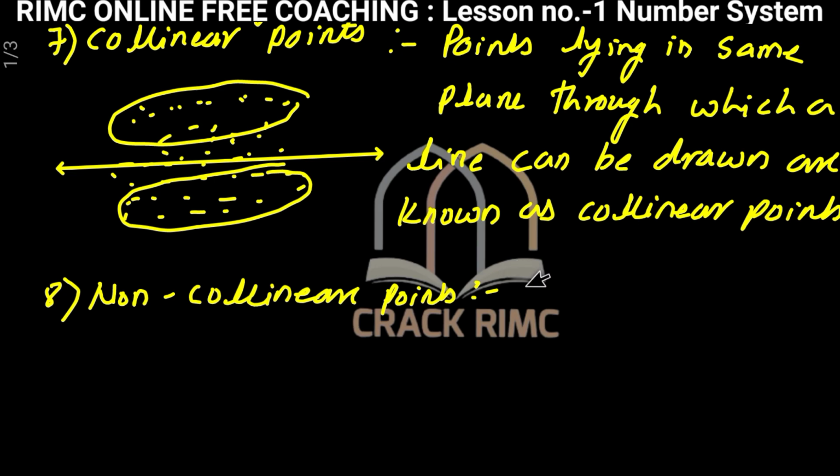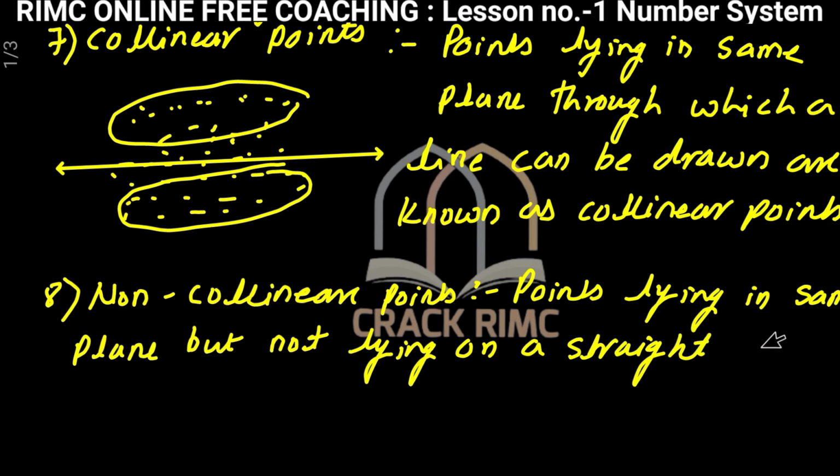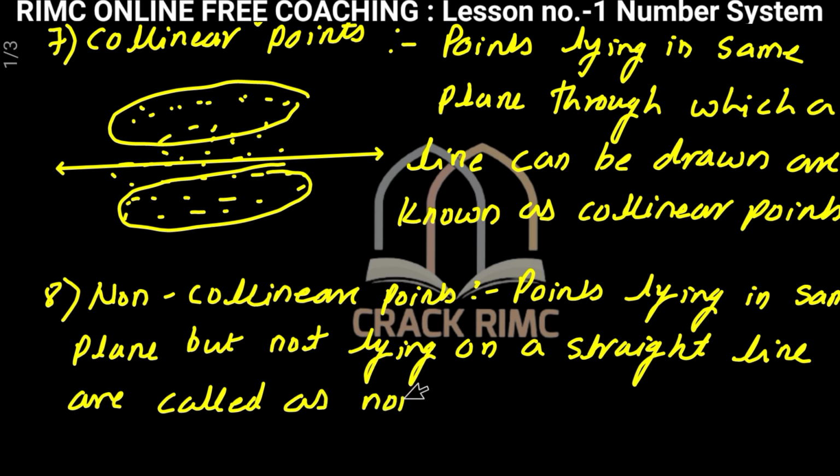Okay, so now what we can write: points lying in the same plane but not lying on a straight line are called non-collinear points.